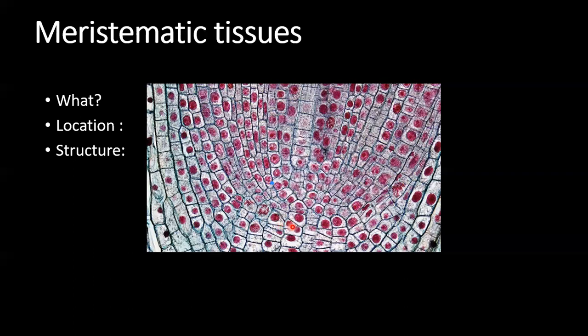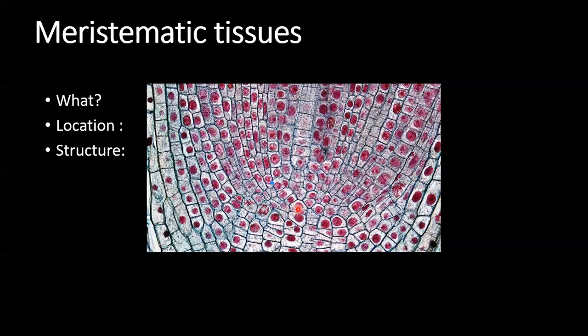And then they have dense cytoplasm, and the organelles are in an immature condition. Because the cell is immature, the organelles are in a young stage. But the mitochondria are well developed. Why are the mitochondria well developed?